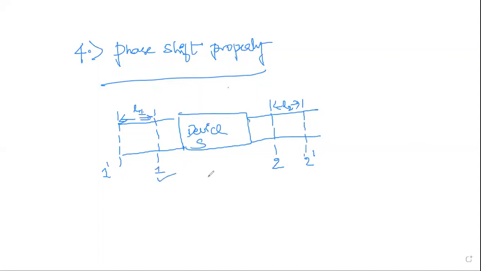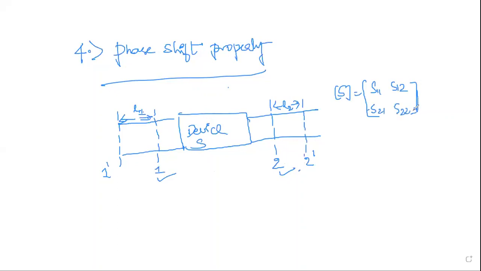The first ones which you take, that is 1 and 2, are the reference planes based on which you will be finding the S parameters. So you have the positions of the ports or the reference planes. For the two-port network with the reference planes shown here, you have to determine the S parameters. As you know, the S parameters are defined as S11, S12, S21, and S22 for a two-port network.